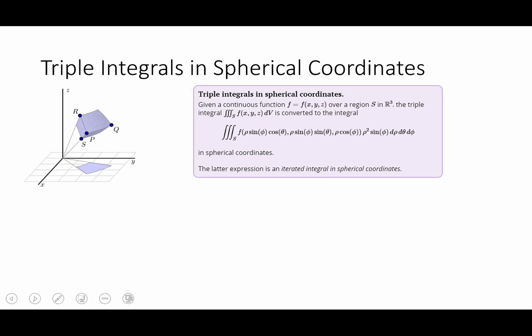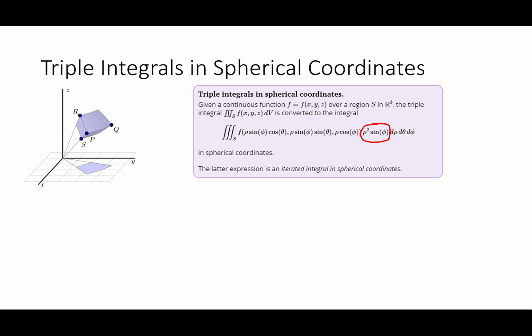So let's say we wanted to integrate in spherical coordinates. We would use our conversion formulas, but just like we had in polar and cylindrical, we have to multiply by something else. In the spherical coordinates case, we have to multiply by rho squared sine of phi.